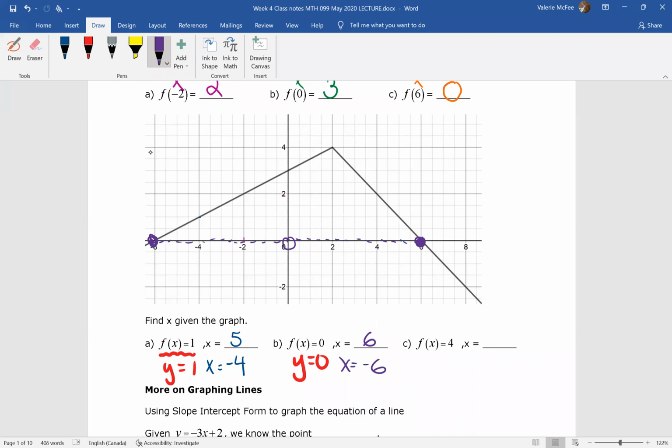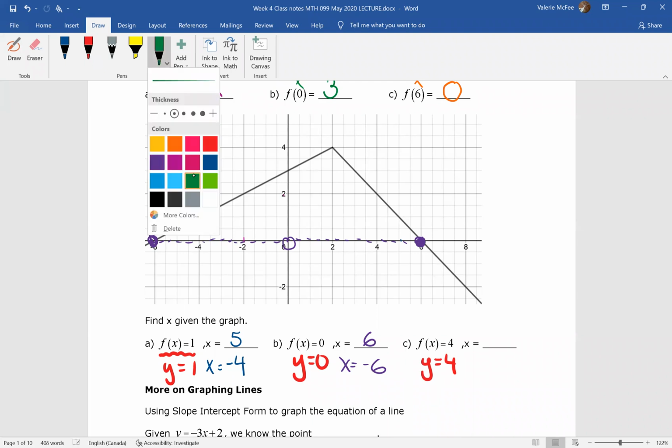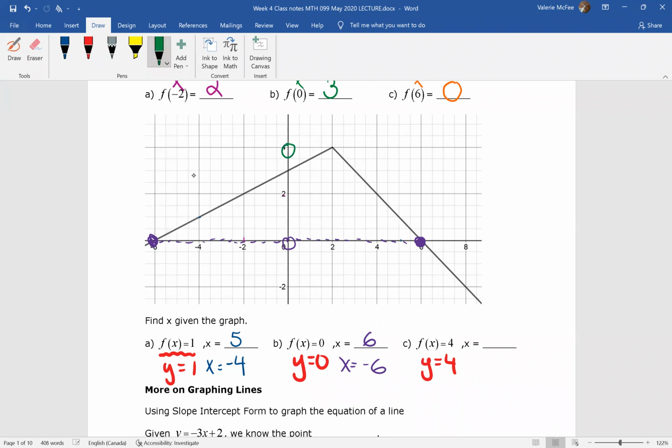Pause your video and find x when the f of x equals 4. Y equals 4 here. We have only one point. X equals 2. Just a reminder that if you want to practice these kinds of questions, you can go into Pearson and find the homework assignments for quiz 3D.